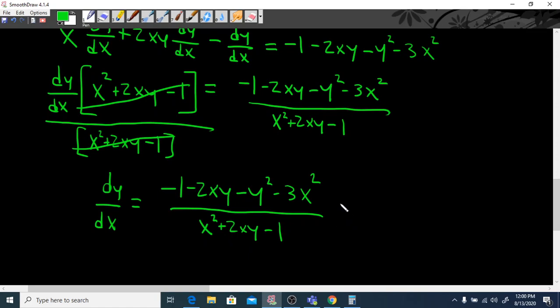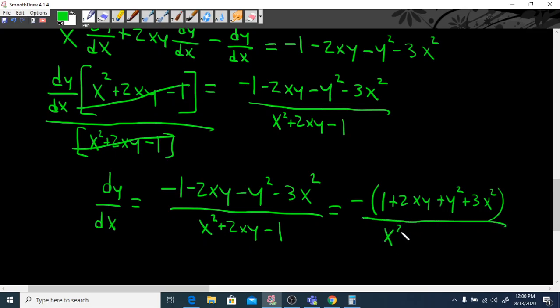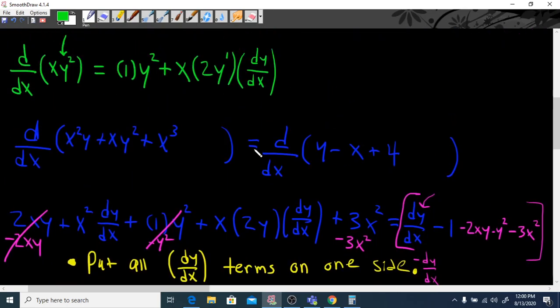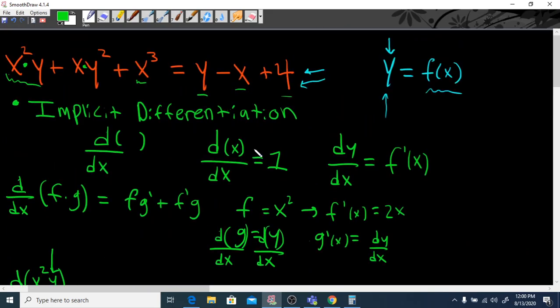And if you hate the minuses, you can factor out a negative and make everything positive. It's just a little easier to look at. Okay, there we go. So this is implicit differentiation, right?